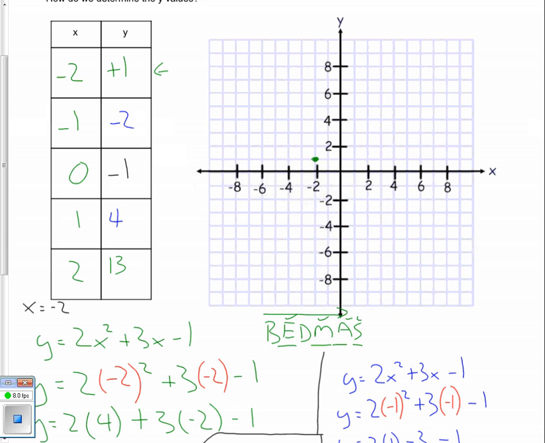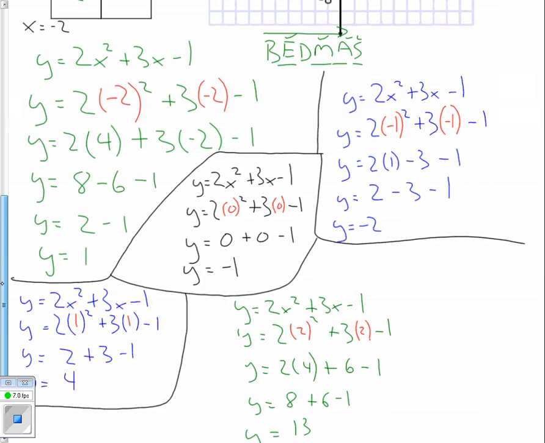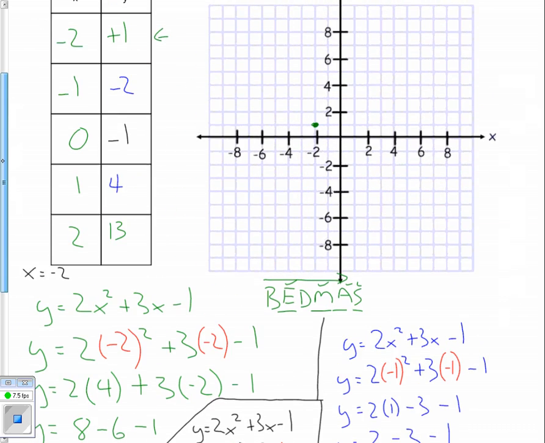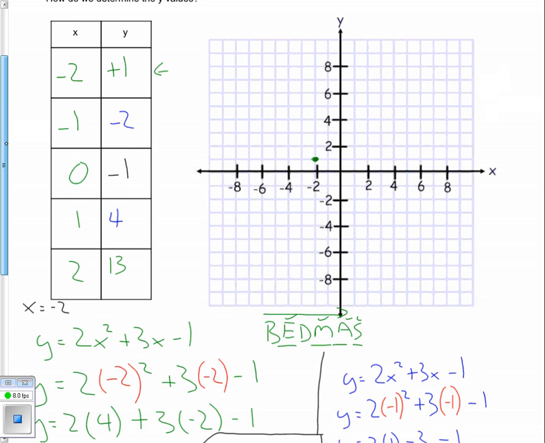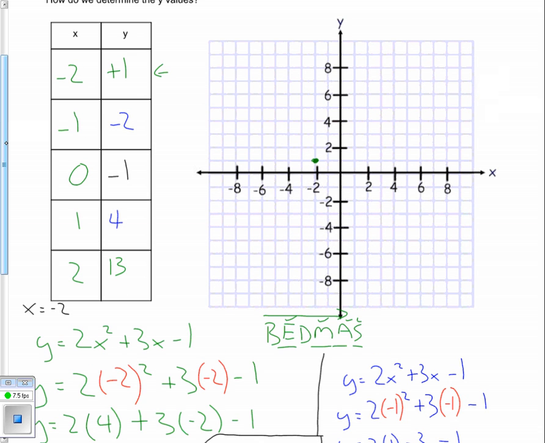So now that we've done the calculations for each of the x values, and again, all the calculations you can see down there when you print it off or when you look at the PDF version. Now that we've figured out those calculations, we know what the y value is for the different values of x, we can actually plot them. So we've already plotted the first one where we had the x value being -2. We discovered that the y value was equal to +1.